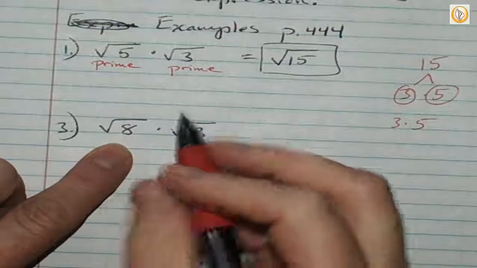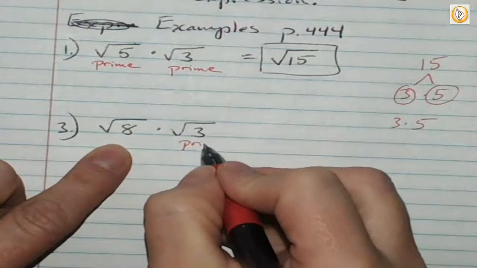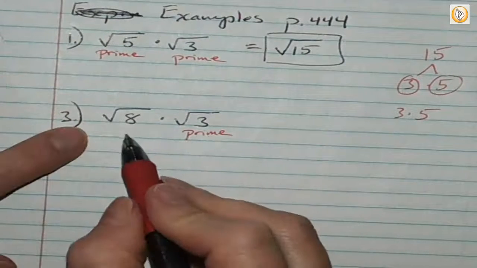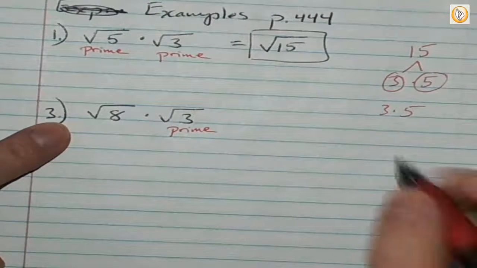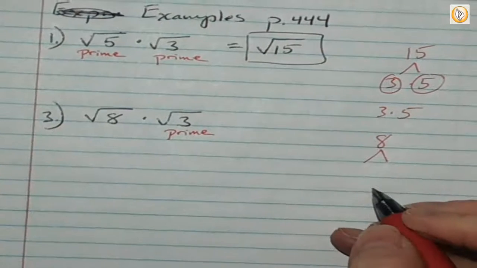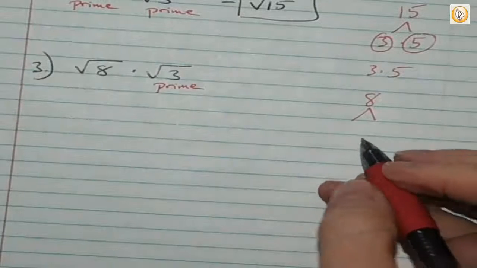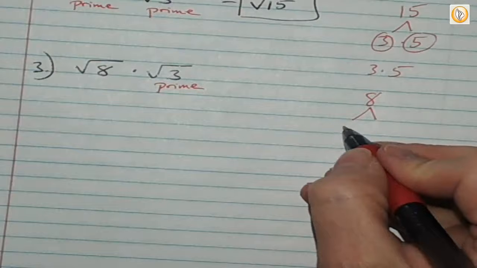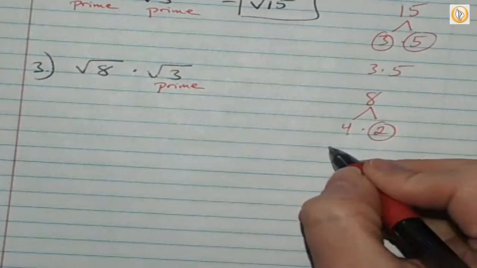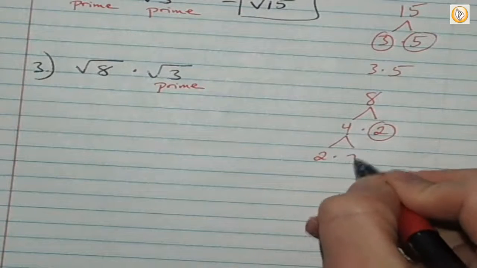Now 3 is prime, so you can't do a factor tree of 3, but 8 is not. So you're going to do a factor tree of 8. What 2 numbers, Valeria, give me 8? That's right, 4 times 2. 2 is prime, so you have 2 times 2.